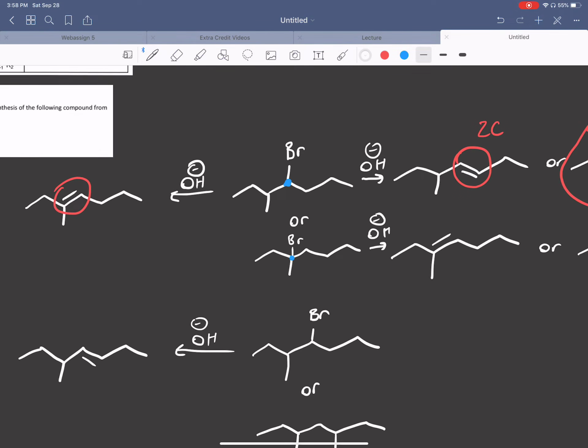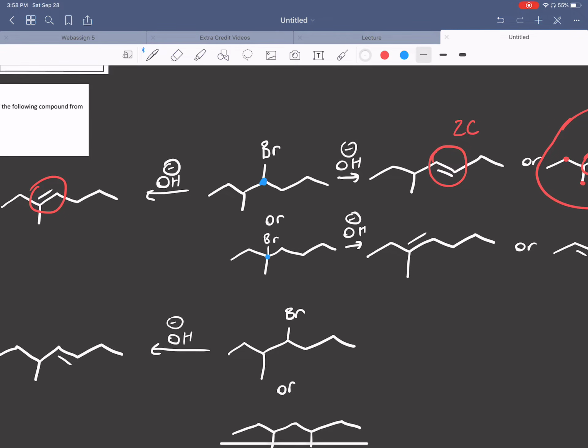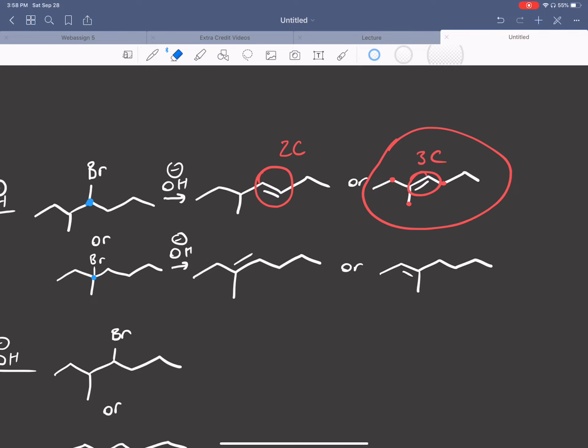Now let's look at what happens if we put our Br on that carbon. Okay, so what's the substitution of this carbon here? 1, 2, 3, tri-substituted. Oh no, oh yeah, sorry. 1, 2, 3. So this is a problem. We have a double bond equally substituted.